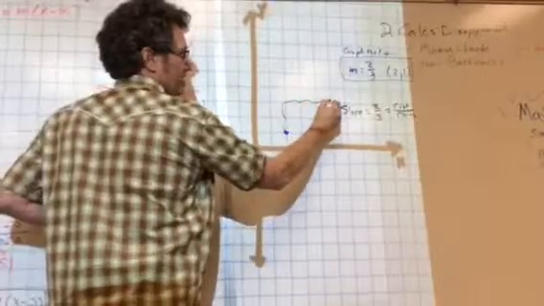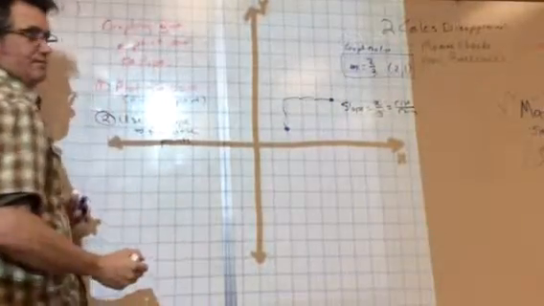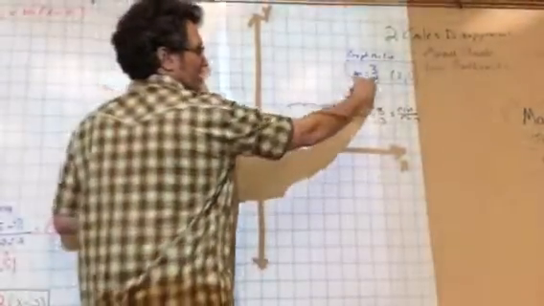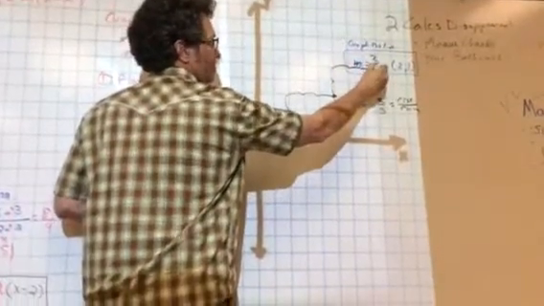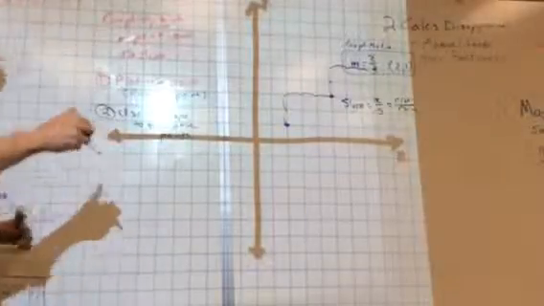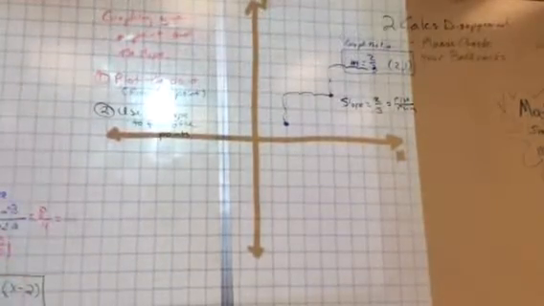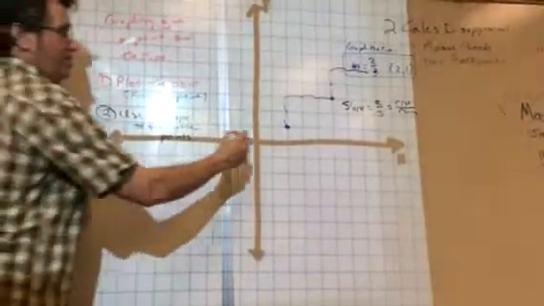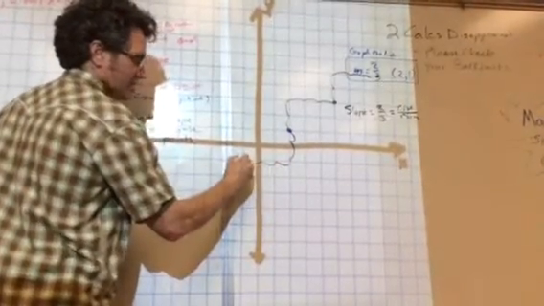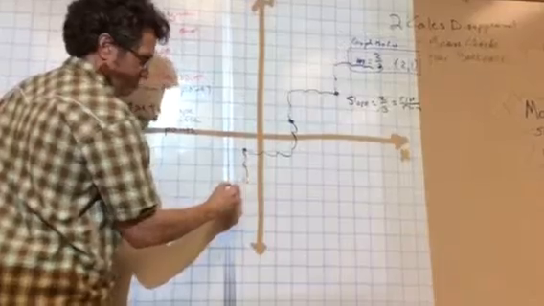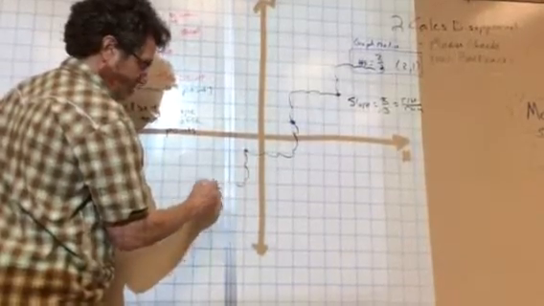1, 2, 3. So there's another point. We're going to do it again. I didn't place that very well. So we're going to go up 2 and we're going to go over 3. We can also actually go the other way as well. We could make it -2 over -3 and go down 2 and then over 3.